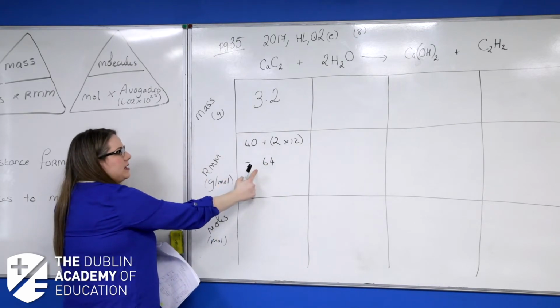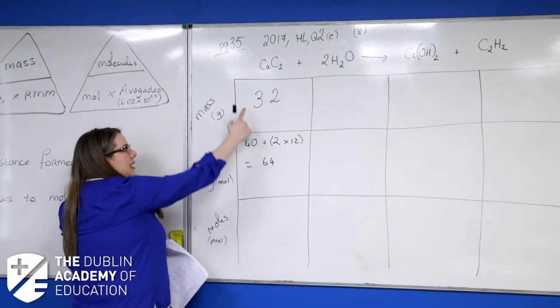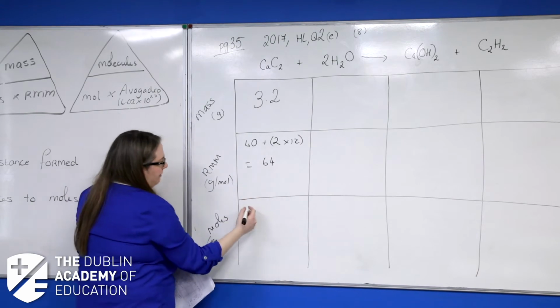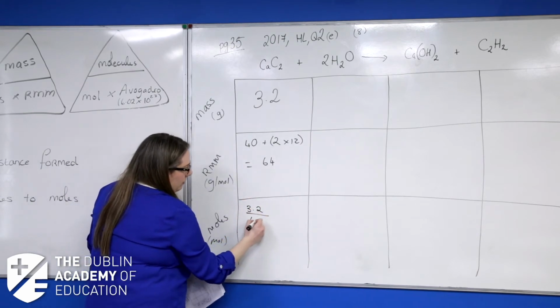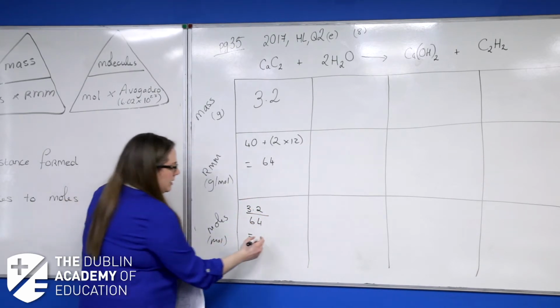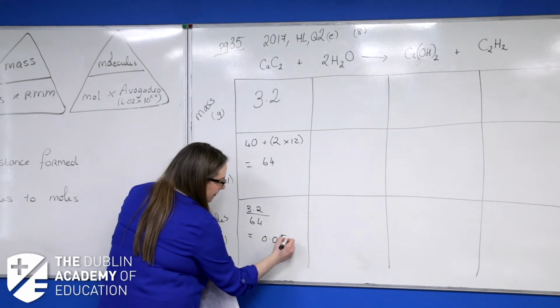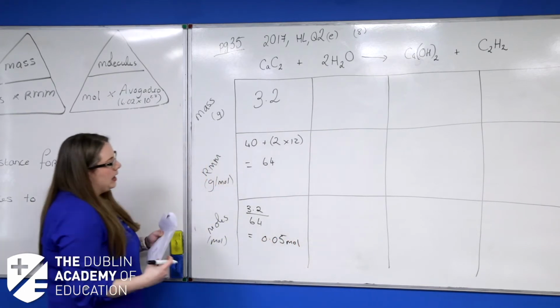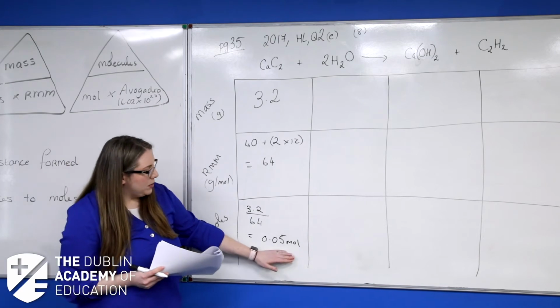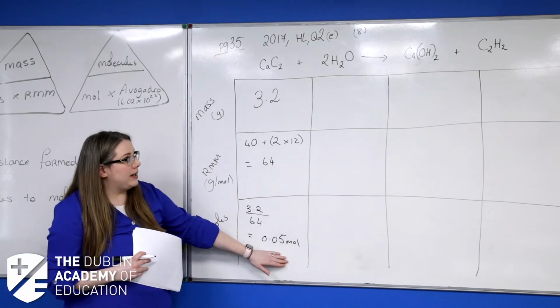So the RMM of calcium carbide is 64. The number of moles is mass divided by RMM, which is 0.05.